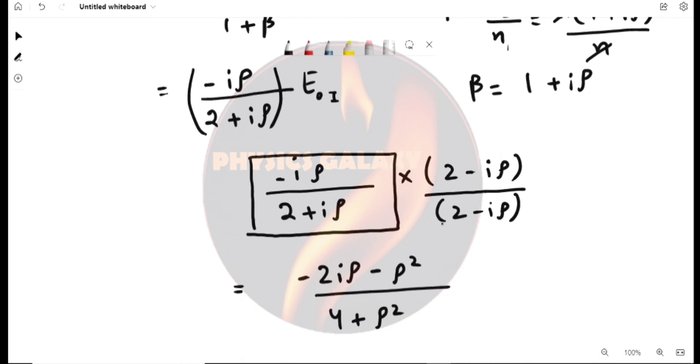And I had to find the phase of this complex number. We know that tan of phi is given by the imaginary part divided by the real part. The imaginary part in this case will be minus 2 rho divided by 4 plus rho square, and the real part is minus rho square divided by the same denominator, which will get cancelled out.